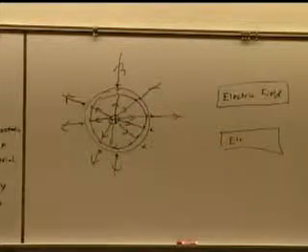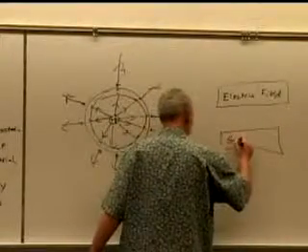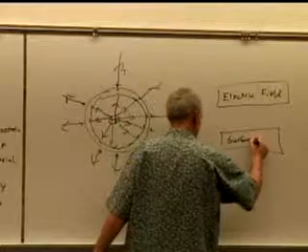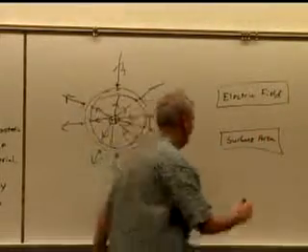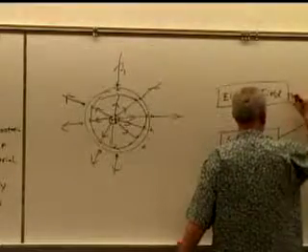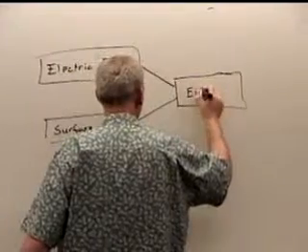We're going to combine the idea of the electric field and the surface area it passes through, and then these will go into this little box called the idea of the electric flux.